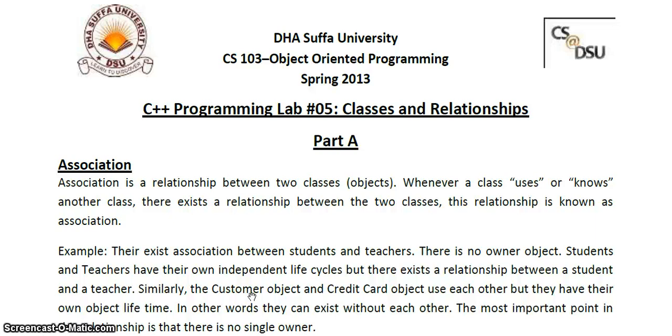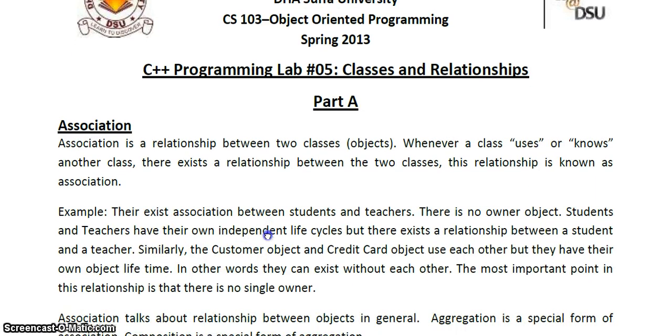To better understand this, we can assume, for example, that the credit card is shared. One household has one credit card. This credit card is shared. So that's why it's not dependent on a particular customer. Anyways, so this is about association.